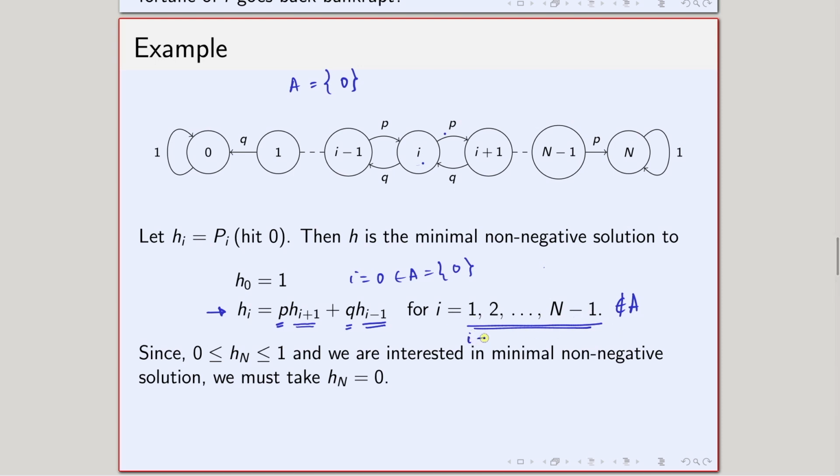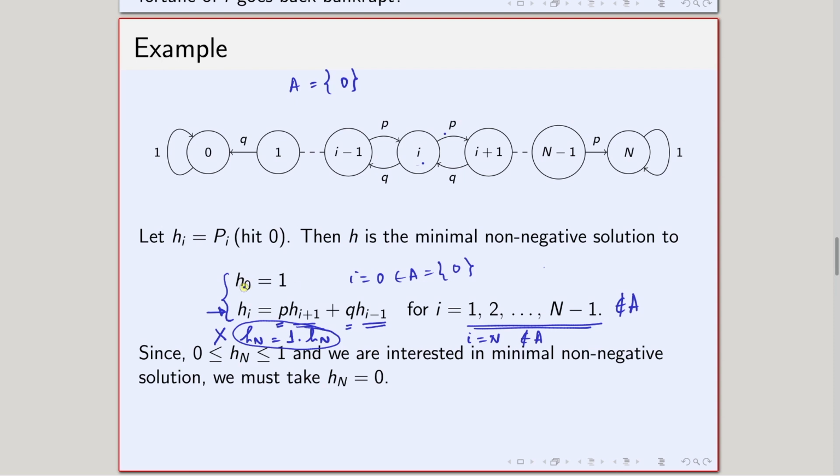What happens if I take i equals n, which also does not belong to A? In this case hn is again, from n, I can be in n, so it is nothing but 1 multiplied by hn. So this linear equation is not giving me anything, so I have not written it here. Now you see how many linear equations I have.